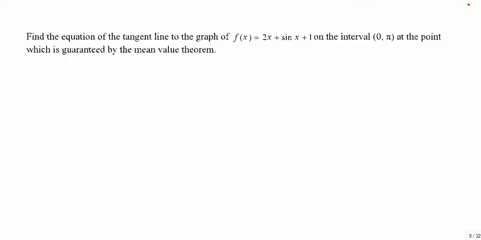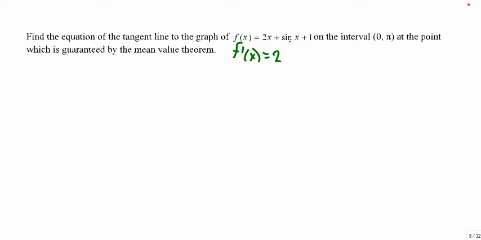This one has trigonometry, so you're going to have to remember some of your trig. But I want to do the exact same thing. I want to make sure that first the function is continuous. So we have a polynomial, we have trig, sine is continuous for the whole, well, at least for this interval, plus 1. So it is continuous. That means we want to do a derivative to check to make sure that the derivative exists at all points on 0 to pi.